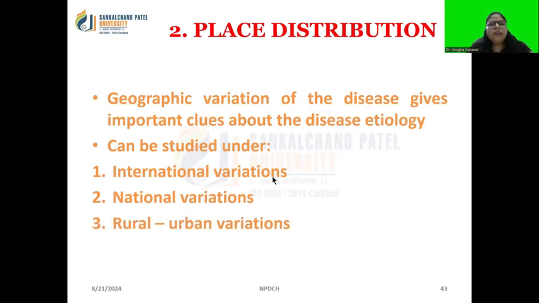Rural and urban variations, again the same: rural areas have more infectious diseases, whereas urban areas have more modern-day diseases. And local variation: if one area has a high amount of fluoride in water, whereas in another area the amount of fluoride in the earth's crust is less, there will be less fluoride in their drinking water. Okay, so this is about place distribution.